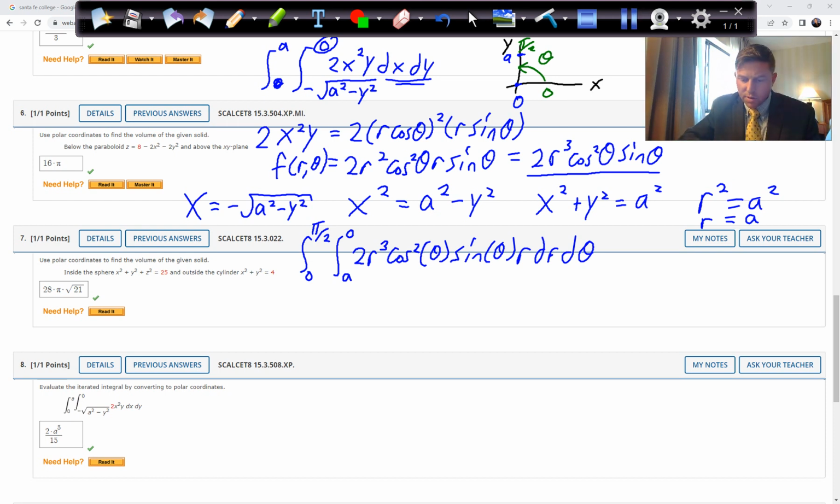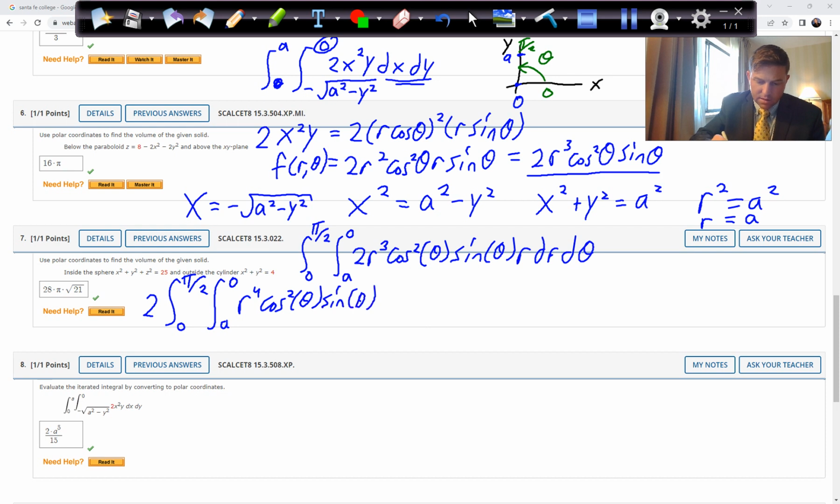The first variable we're considering is r, and notice when I add r dr d theta that this r cubed becomes r to the 4th. So let me pull this 2 all the way out: 2, 0 to pi over 2, a to 0 of r to the 4th, and then we have cosine squared theta sine theta dr d theta.